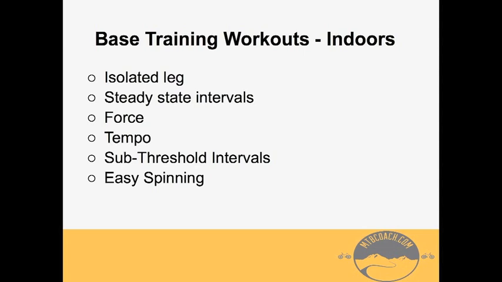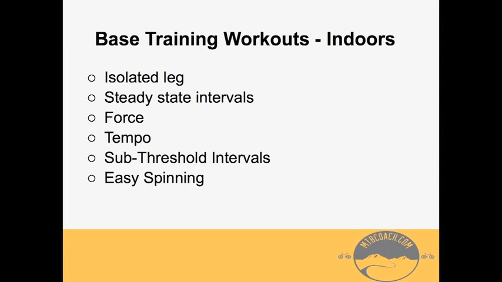If you're using zones, it's high zone 2, low zone 3, and these could be at different durations. 8 minutes on, and then 5 minutes off, maybe even 4 minutes off. So you do a warm up, then you do an interval of say 8 minutes, and then you do a rest of easy spinning, and then you do it again.